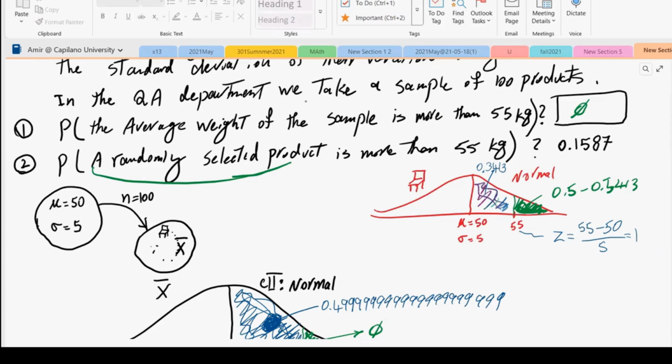What is the chance that we take 100 chairs and the average of those 100 chairs is more than 55 kilogram? 0, because some of them are more than 55 and some of them are less than 55. They cancel each other. It is very unlikely that the average of 100 chairs is more than 55. And that's the importance of the central limit theorem. It tells us that the mean of a sample does not vary very much.